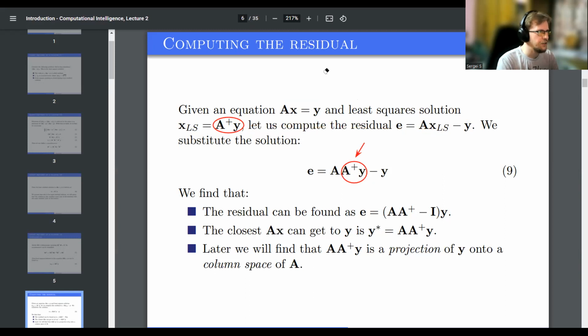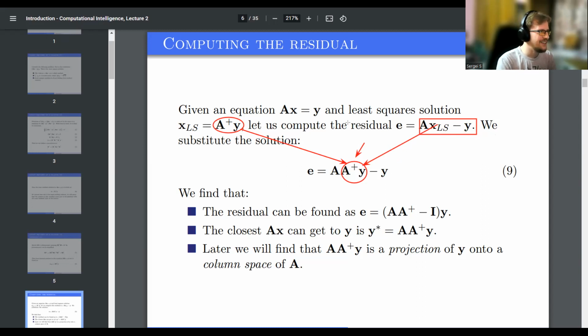I think it's clear enough, right? This is the original expression, and we substituted this guy here from here. Okay, so this is the residual.